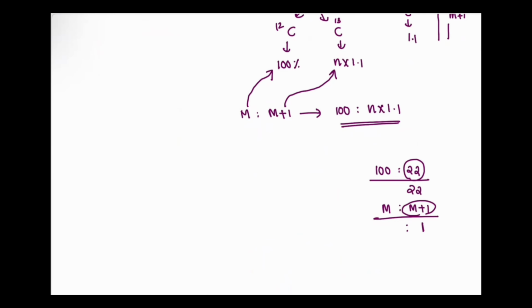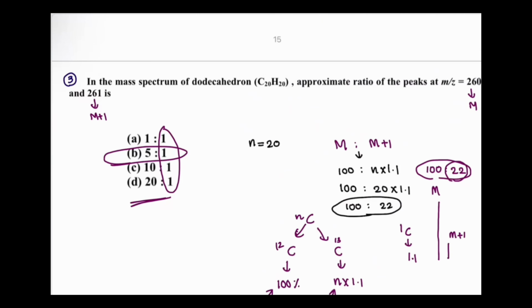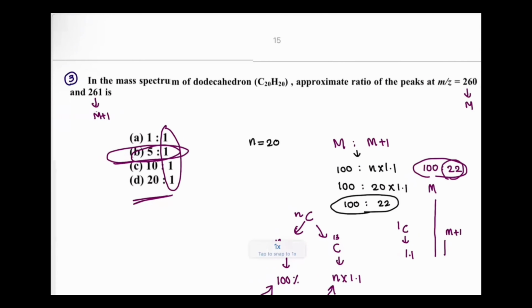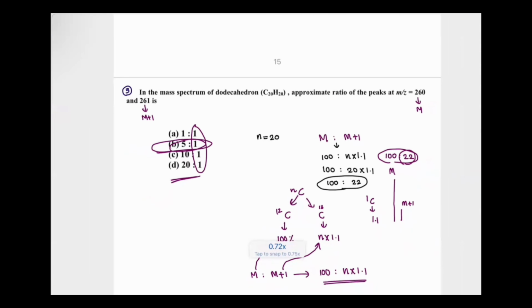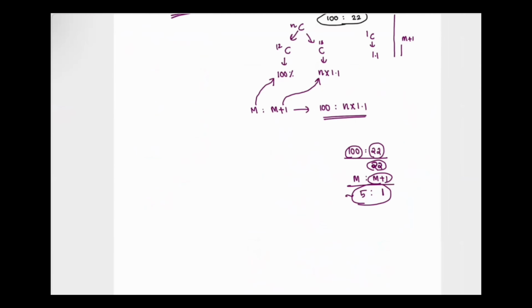So M plus 1 peak, if we divide by 22, we get 1. And 100, if we divide by 22, we'll get around 5. So the ratio will be 5 is to 1. So the correct option here will be option B, that is 5 is to 1. Okay, here we have seen the ratio between M peak and M plus 1 peak using the relation of 100 is to n into 1.1. And now we'll move on to next question.